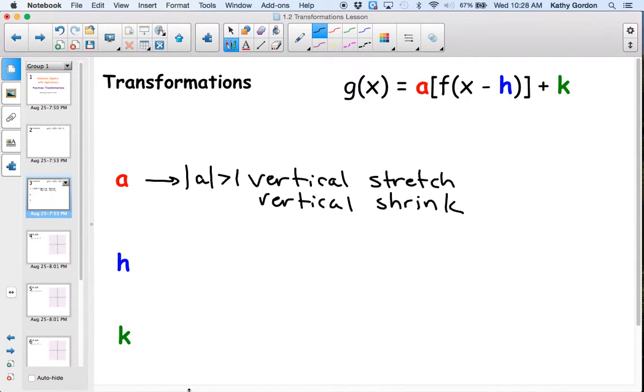Fractions less than 1. Between 0 and 1. Okay, so what about -1/2? What does that do? Same thing, absolute value. Yes. So we have to do the same thing. We have to say absolute value and then make it between 0 and 1.